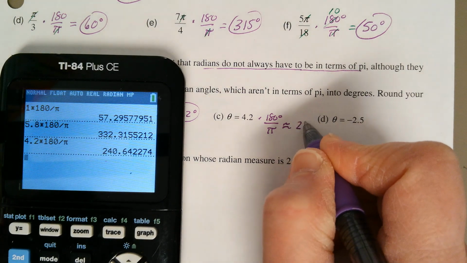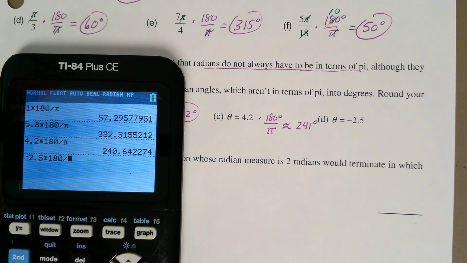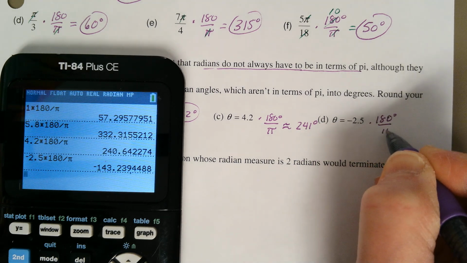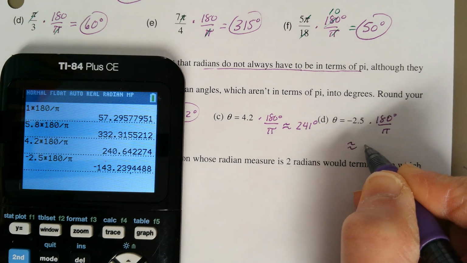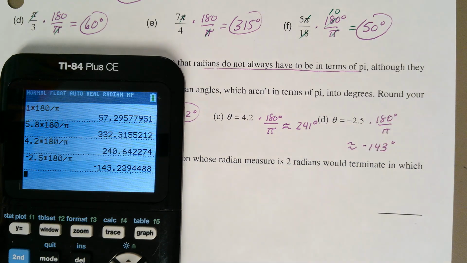Approximately 241 degrees. And negative 2.5, that's approximately negative 143 degrees.